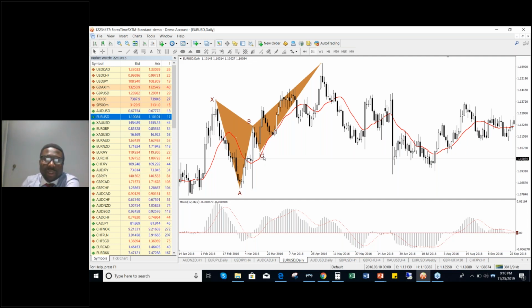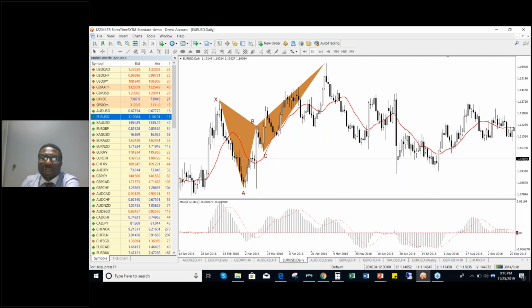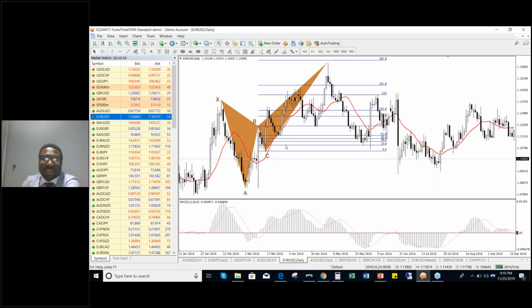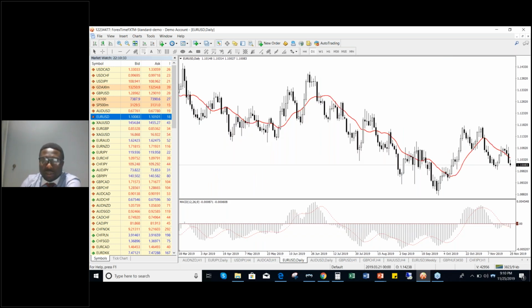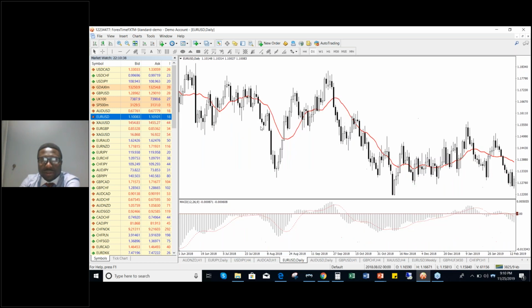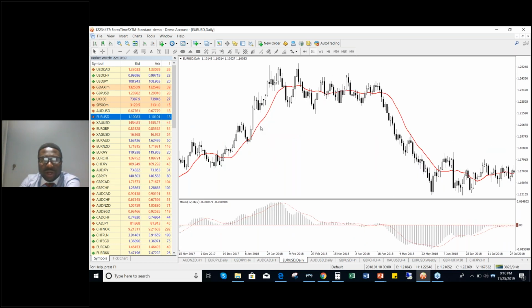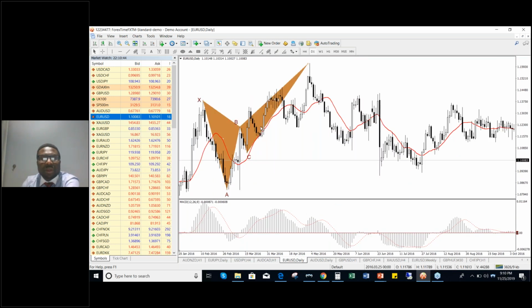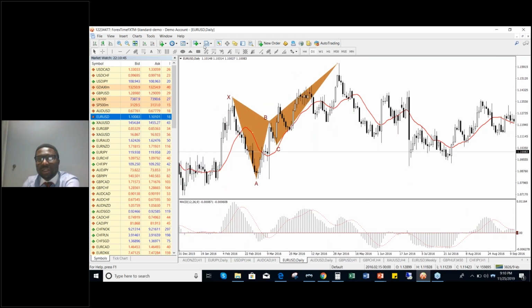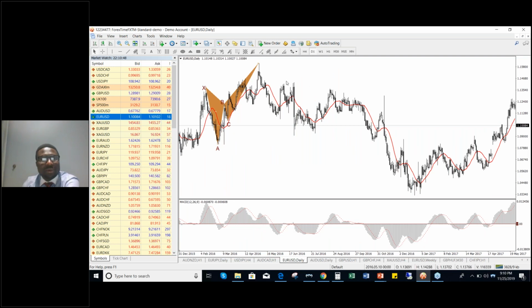So we have from B to C, cutting almost at 361.8. And then from there, we see price fall.